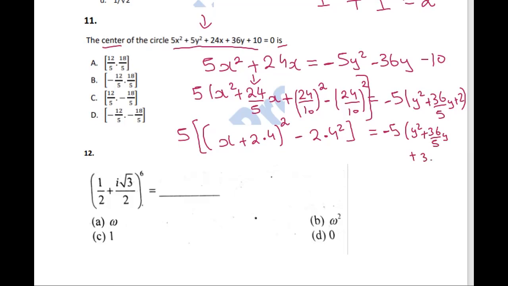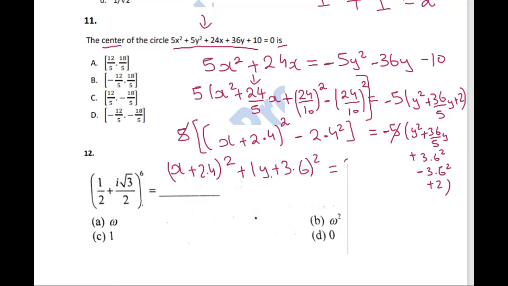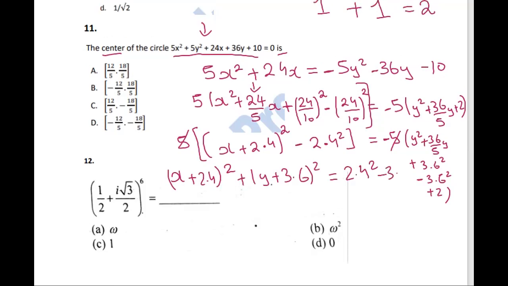So in this case it would be 3.6 square minus 3.6 square plus 2. So this 5 and this 5 can be cancelled. I will get x plus 2.4 whole square plus y plus 3.6 whole square equals 2.4 square minus 3.6 square plus 10 and so on.